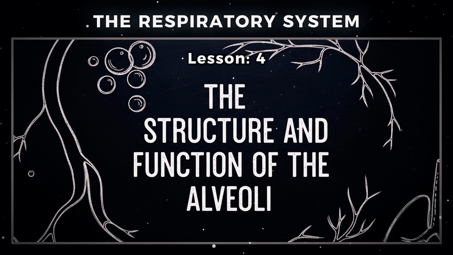Because the alveoli are so delicate, they cannot be lined with the sticky mucus or the beating cilia we find in the larger airways. That would make the respiratory membrane too thick for gas exchange. Instead, these macrophages act as a mobile security force.